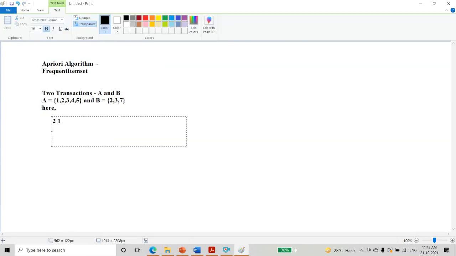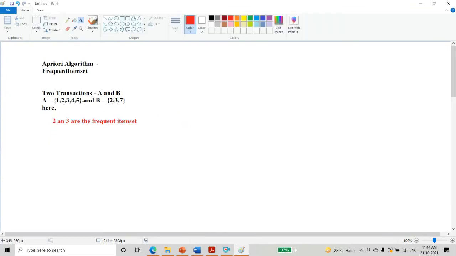So there are two transactions, A equal to 1 2 3 4 5 and B equal to 2 3 7. In these two transactions, which values are common? Here 2 and 3 are the frequent item set between these two transactions. So it means if A and B are frequent item sets together, then individually A and B should be frequent item sets.